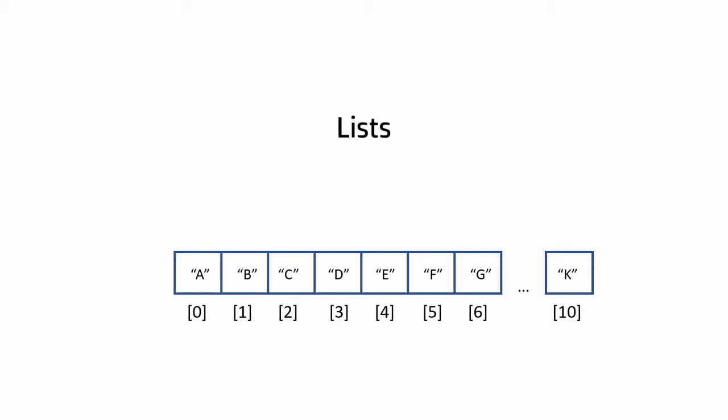If we want to refer to these elements, we basically have to do it by their element number. So A has an element number of 0. C has an element number of 2. It's the same thing if we have different things inside our list.